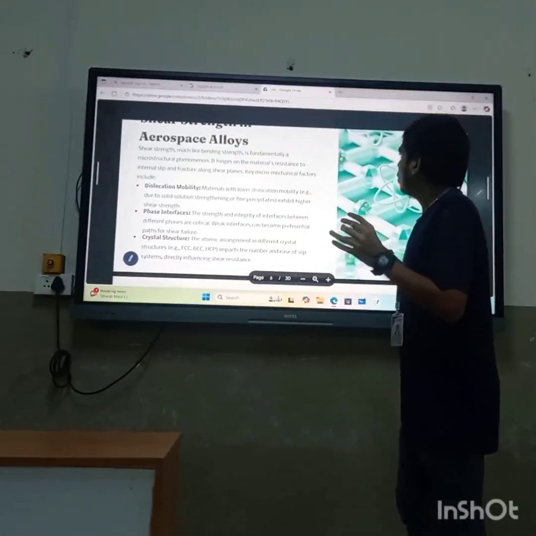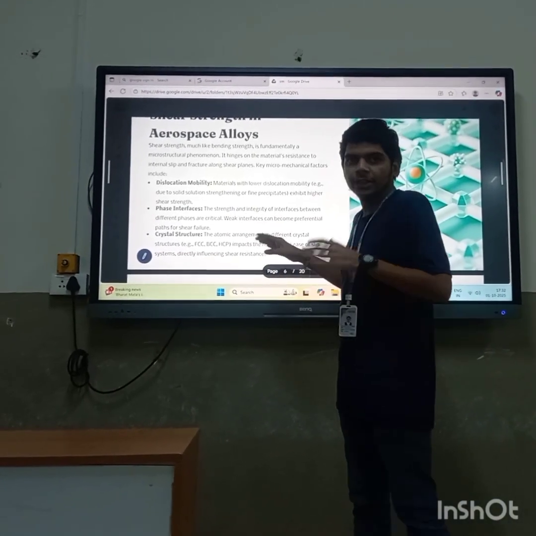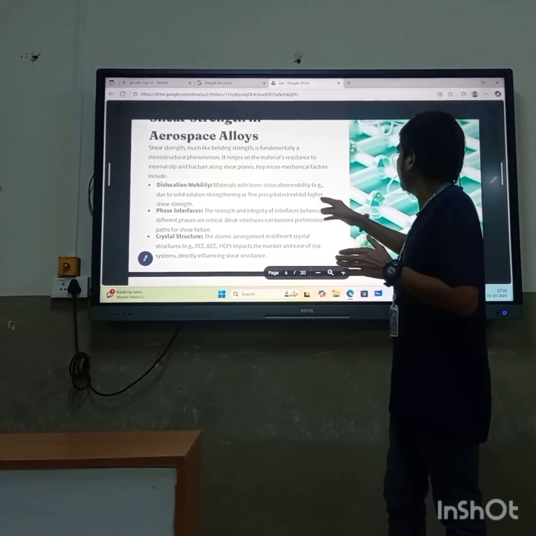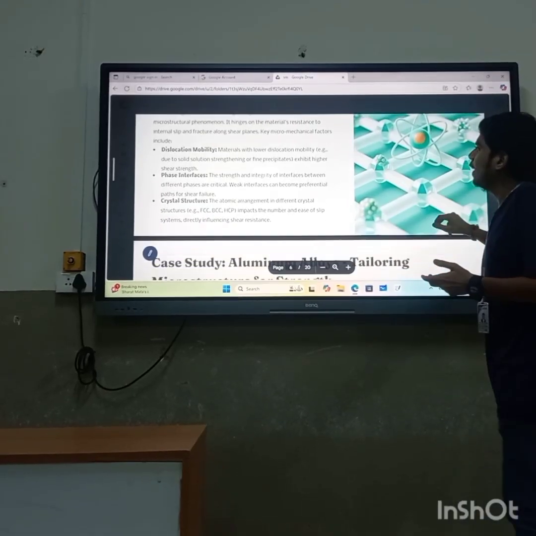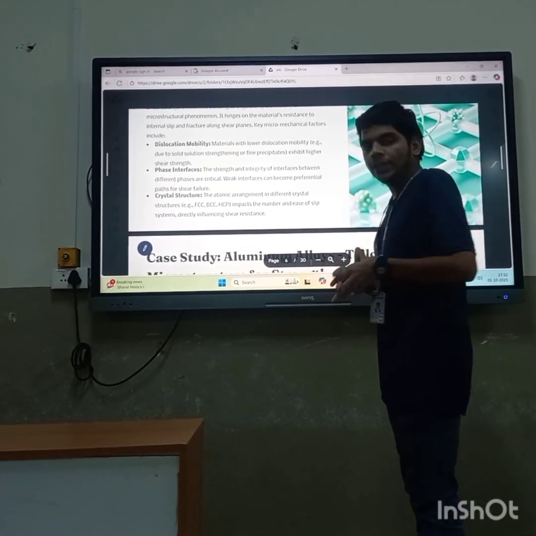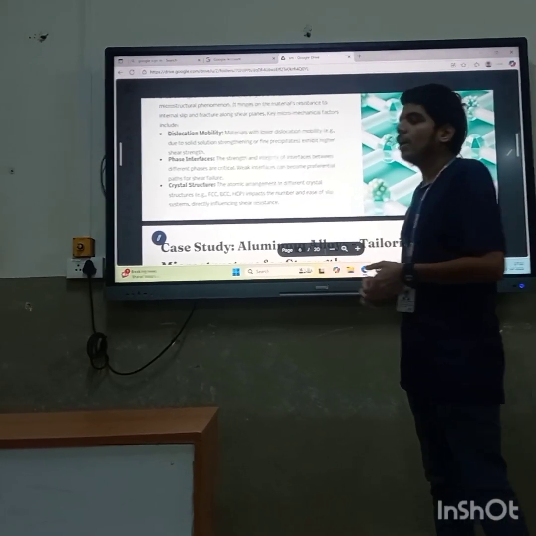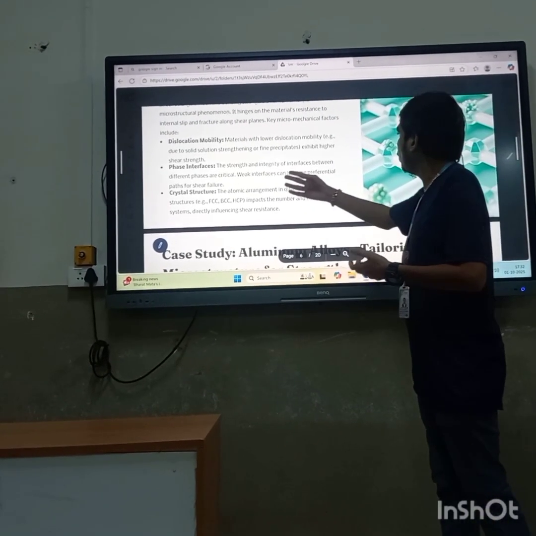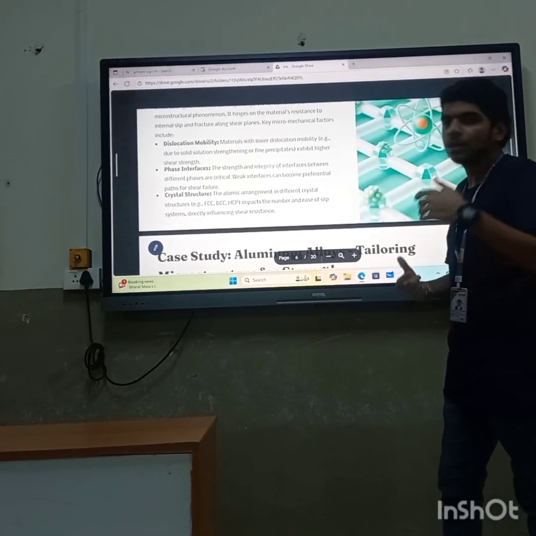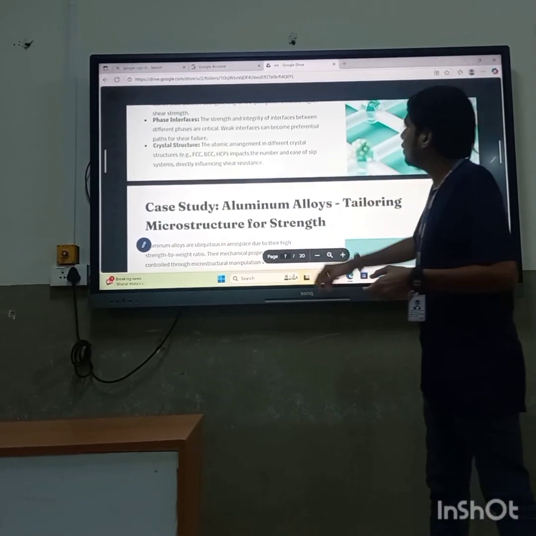Materials with lower dislocation mobility, due to solid solution strengthening and fine precipitates, exhibit higher strength. The next is phase interfaces. The strength and integrity of the interfaces between different phases are critical, as weak interfaces can be preferential paths for shear failure. Then crystal structure.